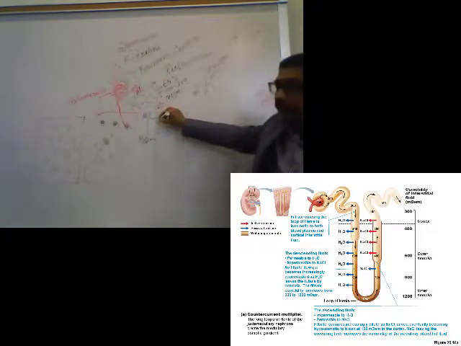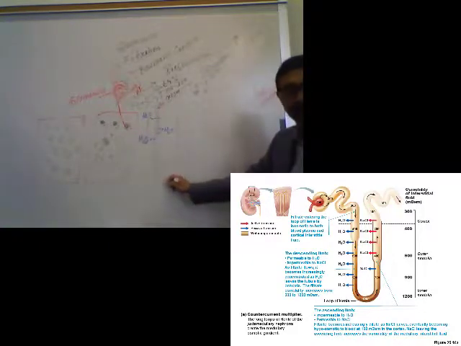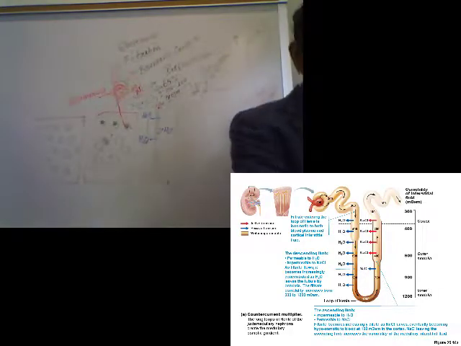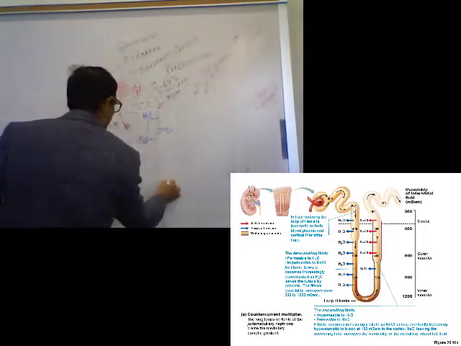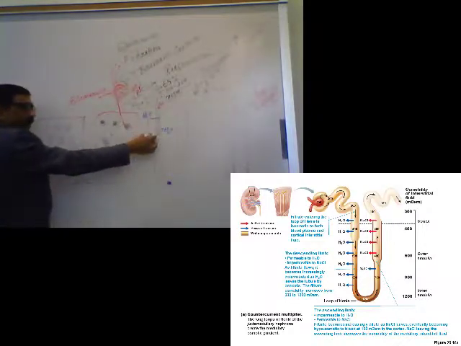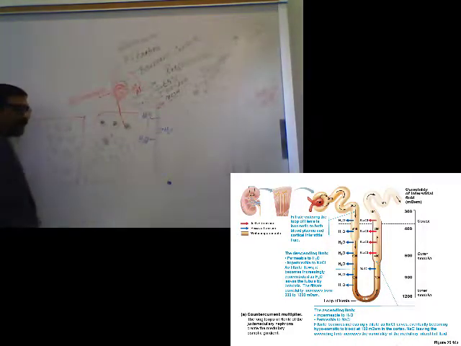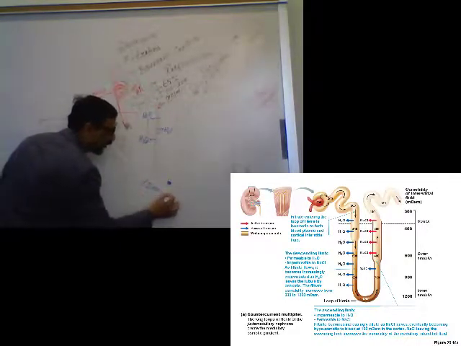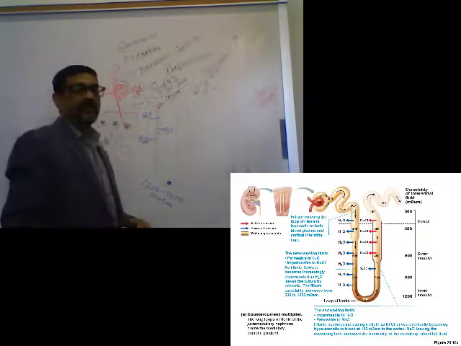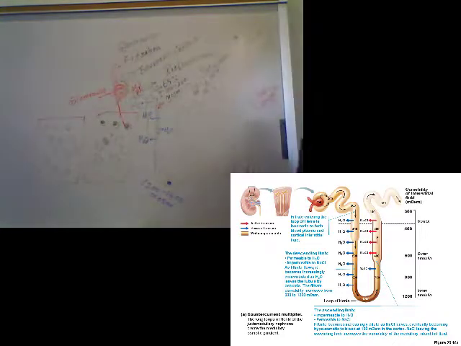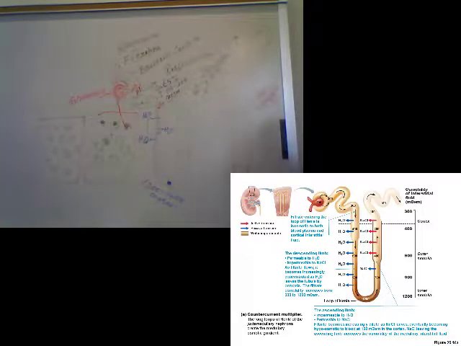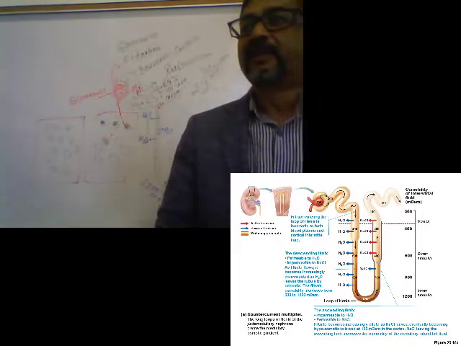And when the fluid arrives at the bottom of the loop of Henle in a long loop nephron, the concentration increases a lot because a lot of water gets out, and it becomes 1200 to 1400 milliosmol. So a significant increase of concentration at the bottom of the loop of Henle. Is it clear?